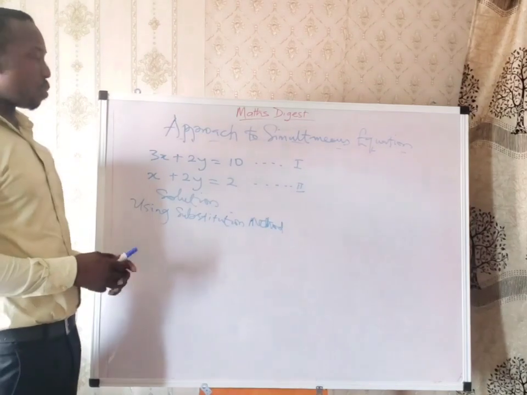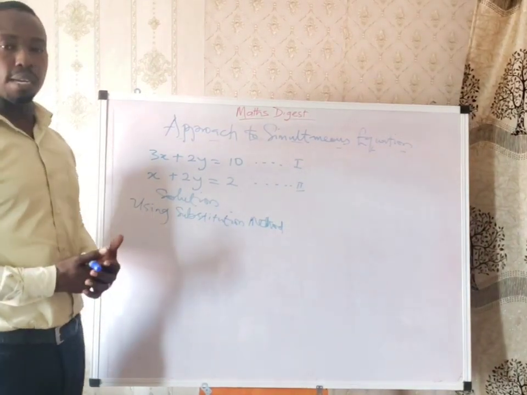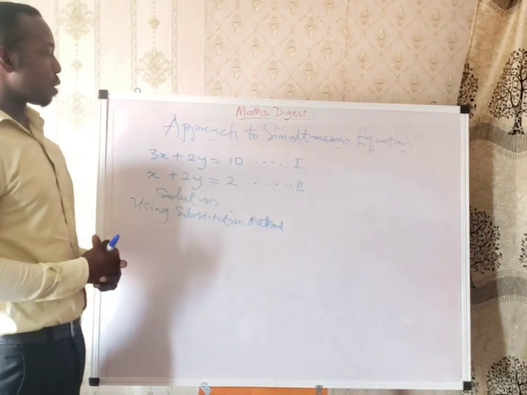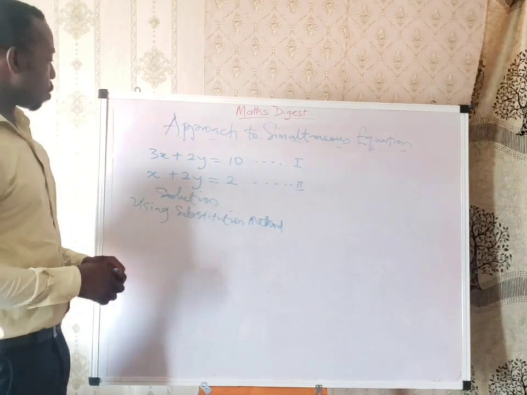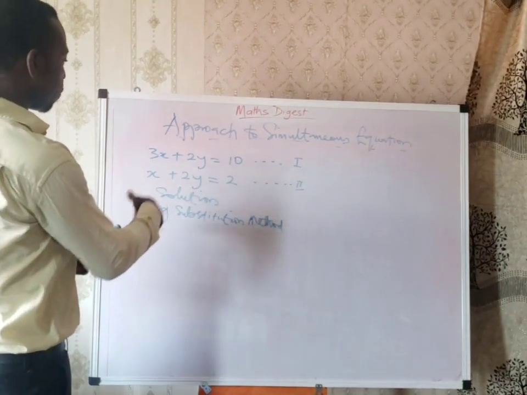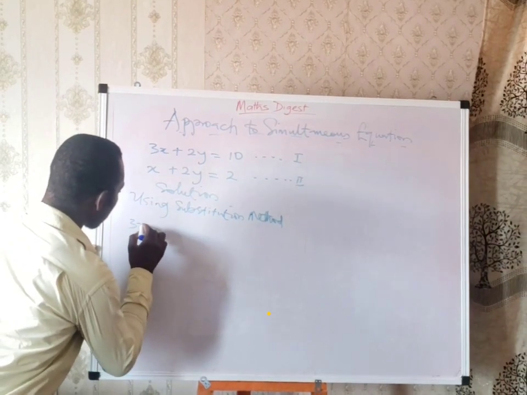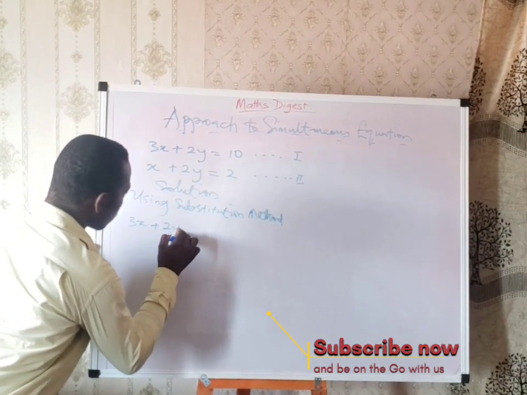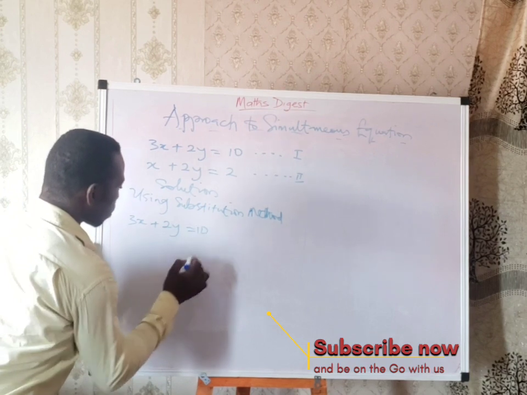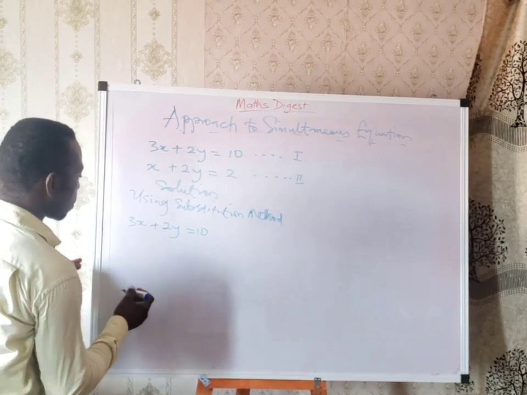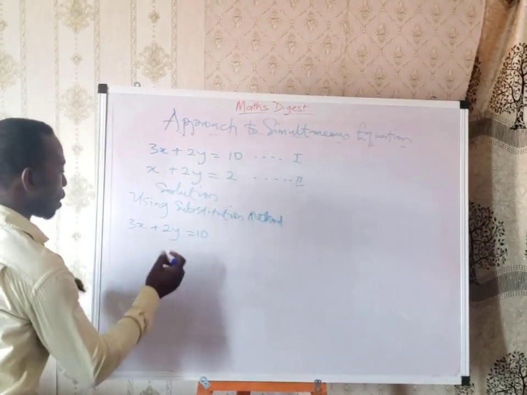If you can't remember it, you can go back and rewatch that so that you can understand fully. So let's assume we take the first equation, which is 3x plus 2y equal to 10. This is equation 1.